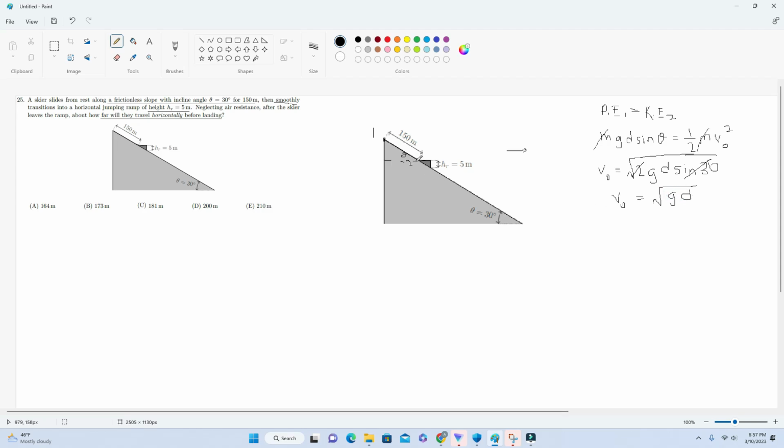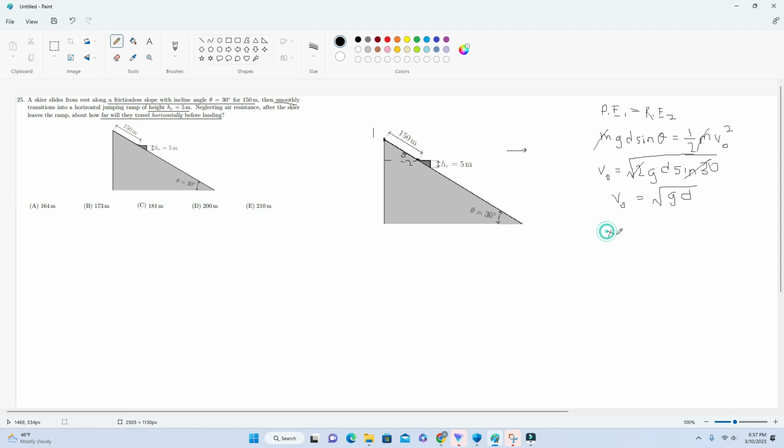So now we have the initial velocity it launches off with. How would we find out how far it travels horizontally? Well, remember, distance equals speed times time, or distance equals velocity times time.